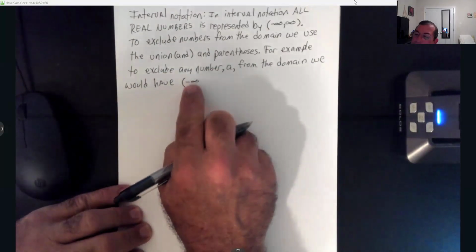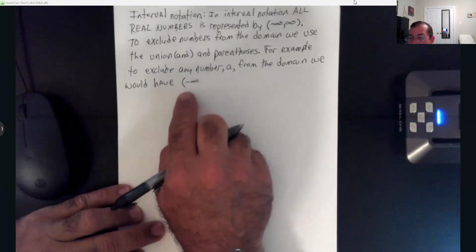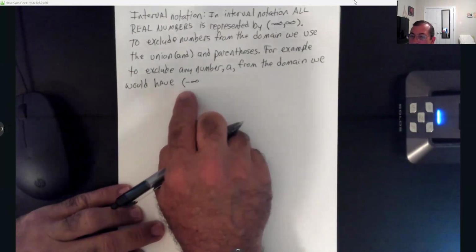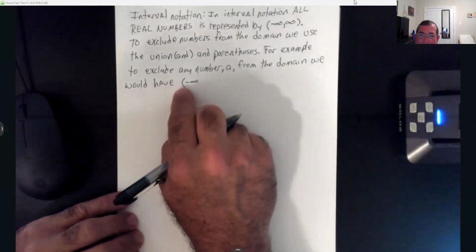And the reason infinity has parentheses instead of brackets is because infinity has no stopping point. So you can't contain it in brackets. It's got to always be parentheses, okay?